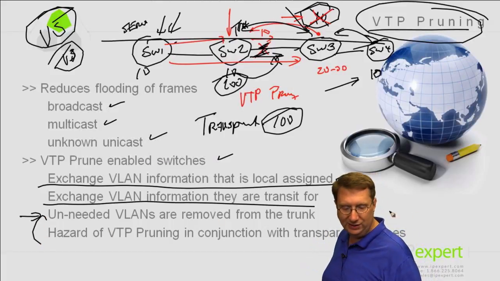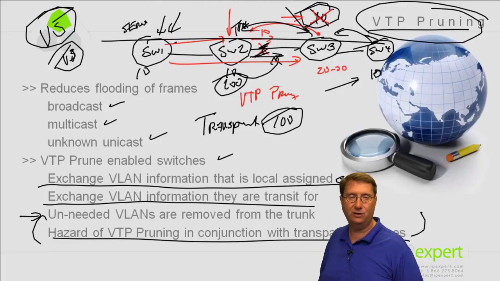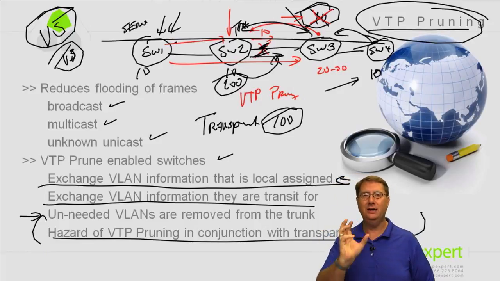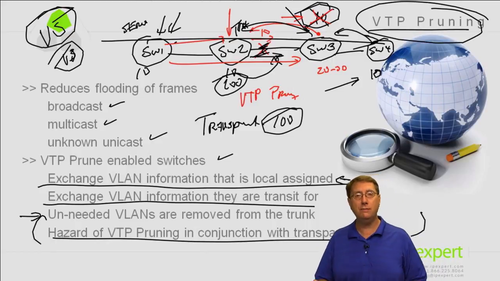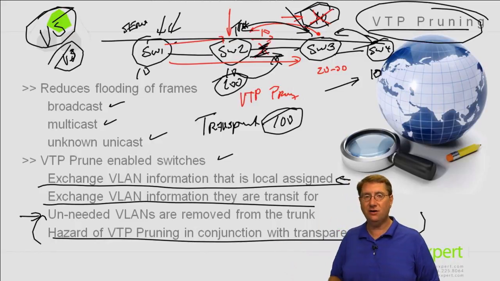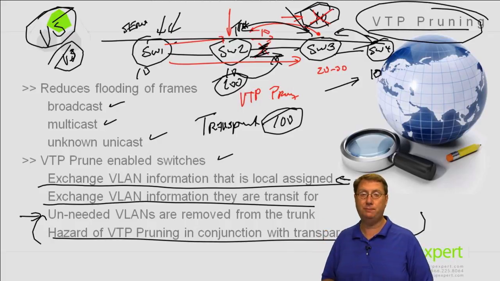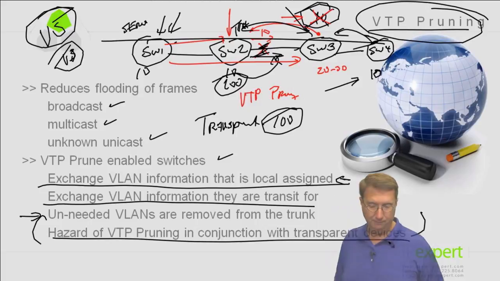The hazard here is that if I have a transparent VTP device in my infrastructure, remember, it's not going to send messages out. Therefore, we have the capability of having our traffic black holed, especially if we're running VTP pruning.